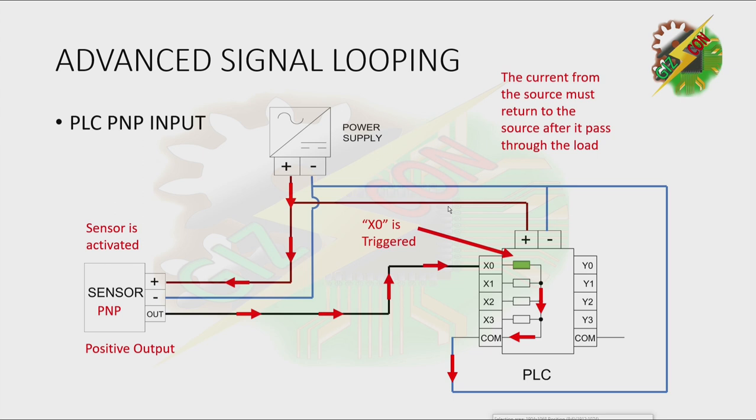Then it will go back to the negative using our common. The loop is now complete. The current from the source returned to the source.